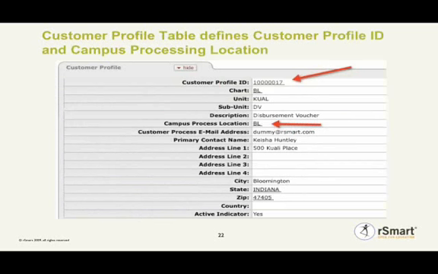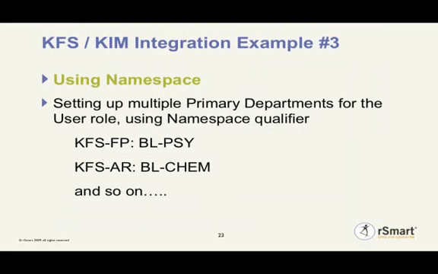Now, when we look at the customer profile that we just got assigned, you can see now customer ID is broken into three pieces: BL, KUAL, and DV. You can see that there's a customer profile ID number and the campus processing location, BL. This might ring your bell. In an earlier discussion, I was defining the processor and a customer contact. So that is the tie.